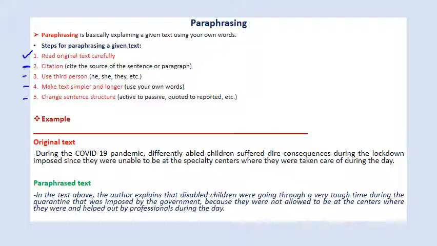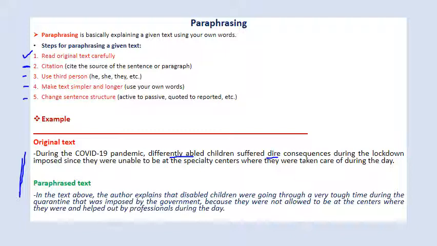An example would be this: During the COVID-19 pandemic, differently abled children, meaning disabled, this is just a newer way of saying it, suffered dire, miserable consequences during the lockdown imposed since they were unable to be at the specialty centers where they were taken care of during the day. Can I make it simpler?